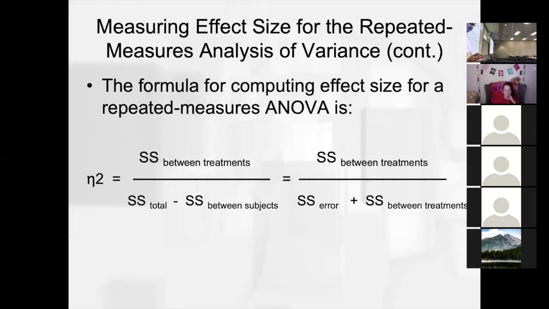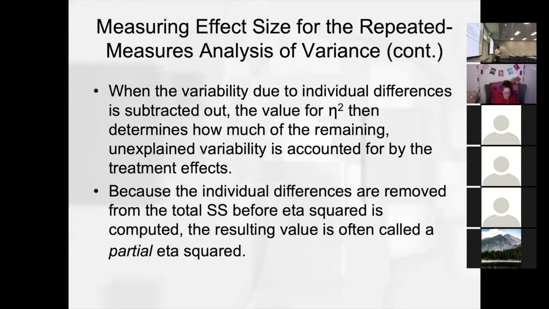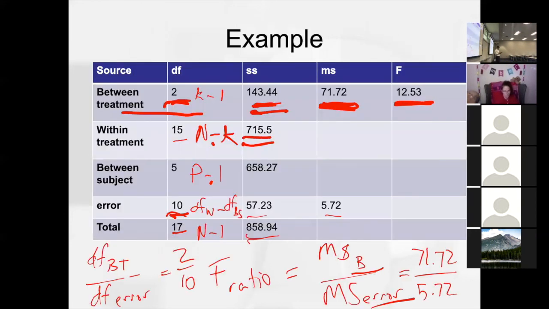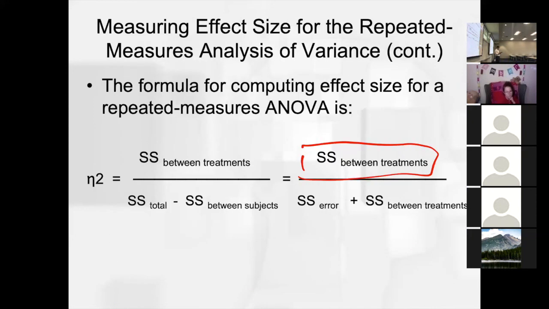To get the eta squared value, we take that sum of squares between treatments and divide it by the sum of squares error plus that sum of squares between treatments.